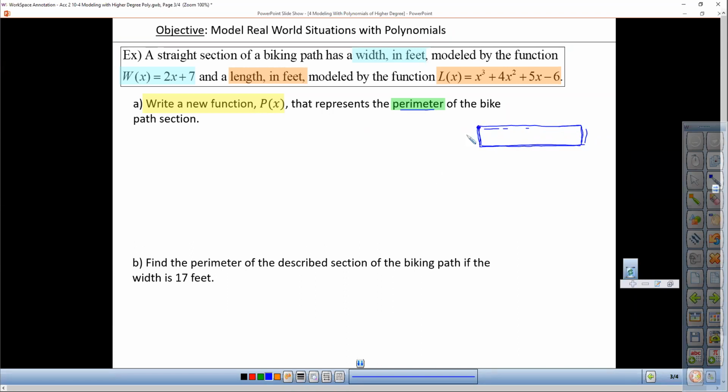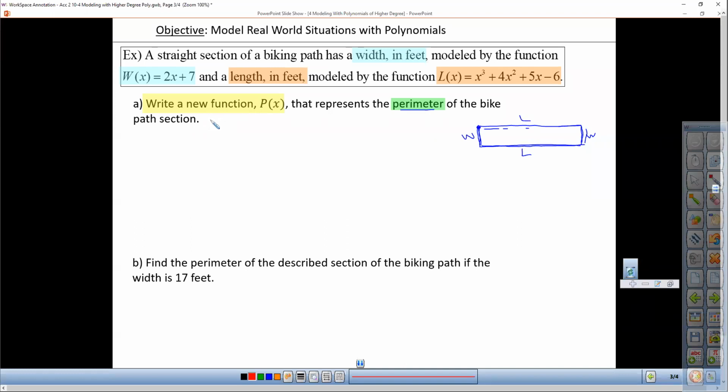And so the widths, there would be two of them on those ends, and the lengths, there would be two of those. What this tells us is that we can find the perimeter of this bike path section if we add up two lengths and two widths. Now you can do them individually, but I recommend that you use one of the shorter forms for perimeter of a rectangle.